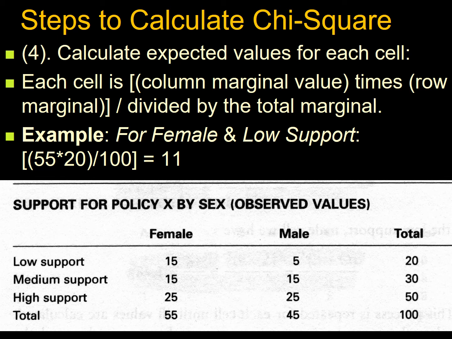You can see that at the extreme right in the total column. And then we're going to divide by the total marginal, which you can see as the total number of respondents, 100. It's the intersection of the column and the row marginals. So it's going to be 55 times 20 divided by 100, and this value is equal to 11. And we're going to make this calculation for each of the cells.